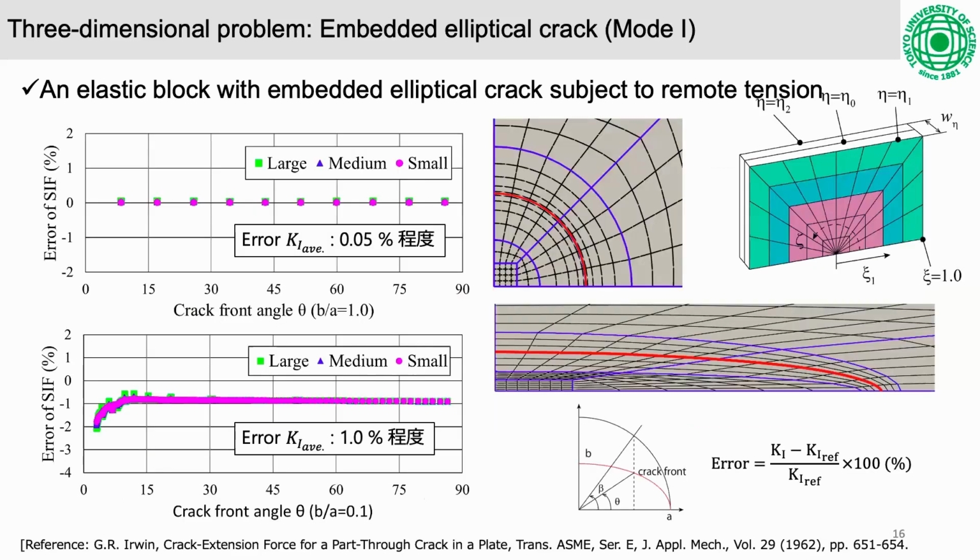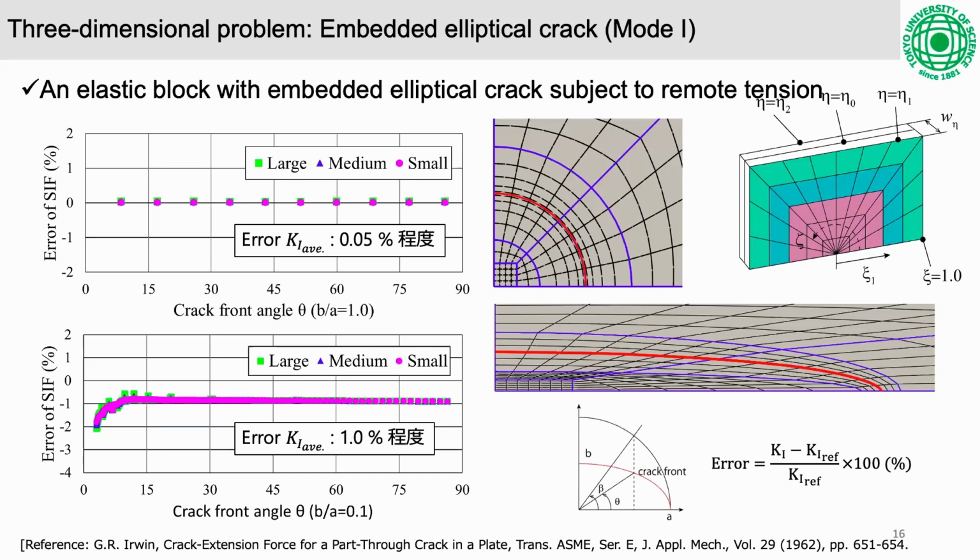All right, these figures show the error in the evaluated stress intensity factors. At the top, this is a penny-shaped crack. At the bottom, an elliptical crack whose aspect ratio is 0.1. This is a very severe case. In both cases, error is very small, especially for this.